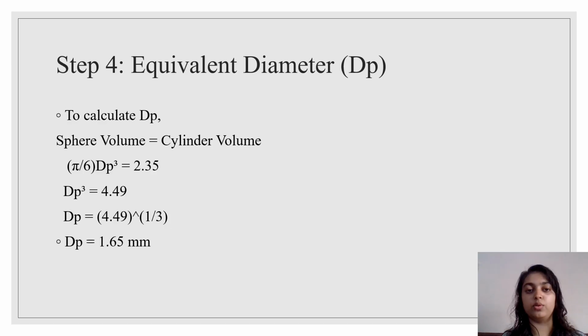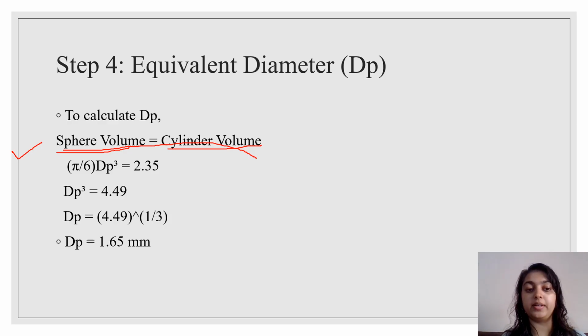Now step number 4, equivalent diameter. Whenever you are asked to calculate equivalent diameter, always compare your sphere volume with your given particle volume. Here we have a cylinder. We want to calculate the sphericity of what? Cylinder. So compare sphere volume with cylinder volume. Why sphere volume? Because in sphericity we always take reference of a sphere.